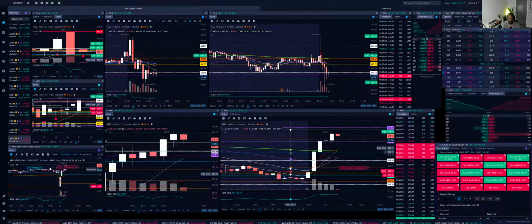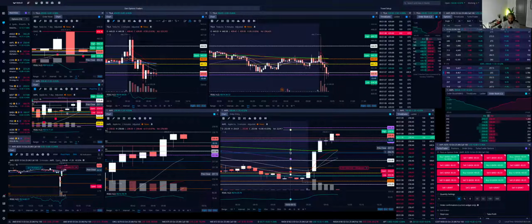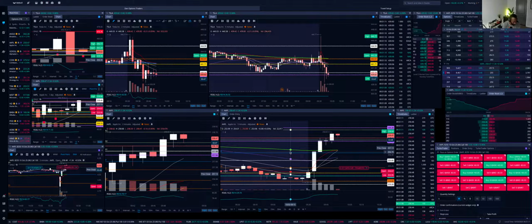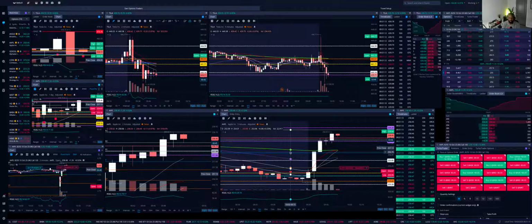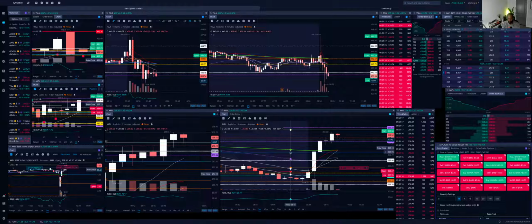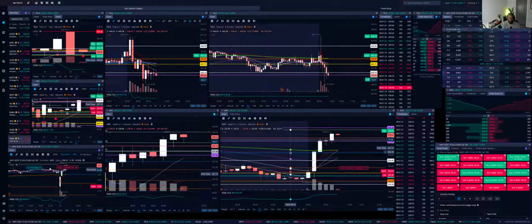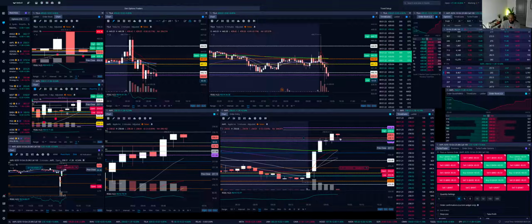I want Apple to hold and move higher. So I just moved my stop to break even. I'm not trying to blow up the account, or blow up the trade. My goal is to take Apple to 259.